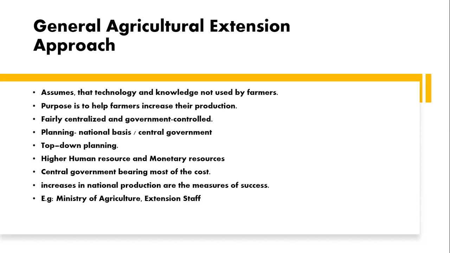This type of training program, this kind of awareness program, these activities should be there. The number of farmers should be targeted. They plan. The plan comes top-down with the demands or requirements of the central government. And the general extension approach.